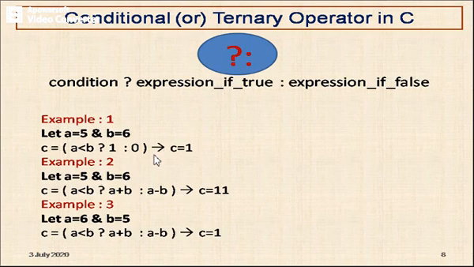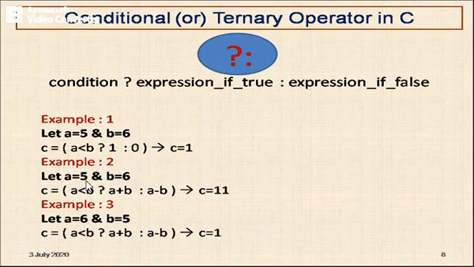Here it may be a single value or an expression. In this example 1 is given. Since the condition is satisfied, that is 5 less than 6, this 1 will be assigned to the variable c.